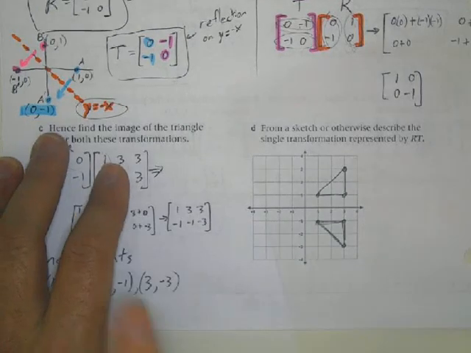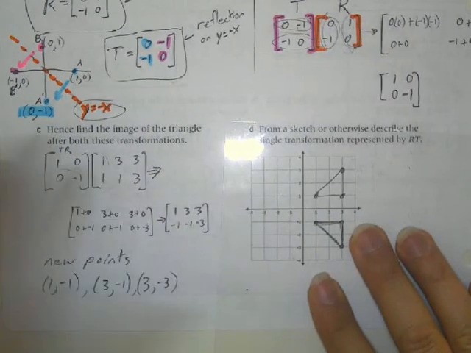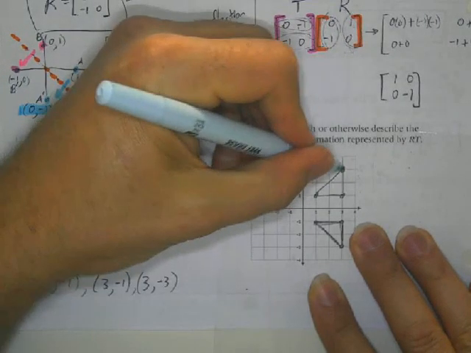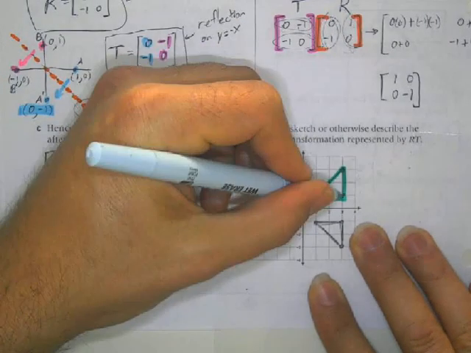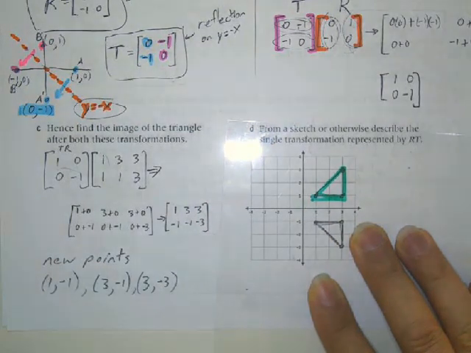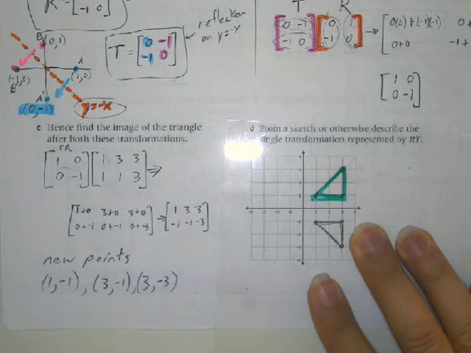Okay, so what's happening here is best explained with a picture. Okay, here is my original matrix using the original points. Okay, so what did we say was happening? The first thing that's happening is it's rotating clockwise 90 degrees.